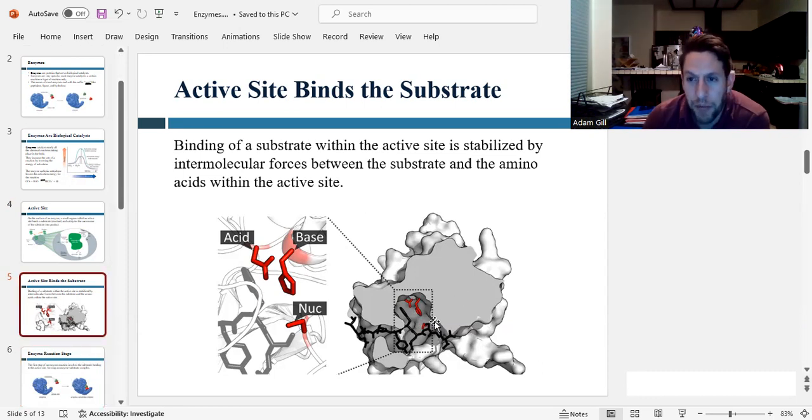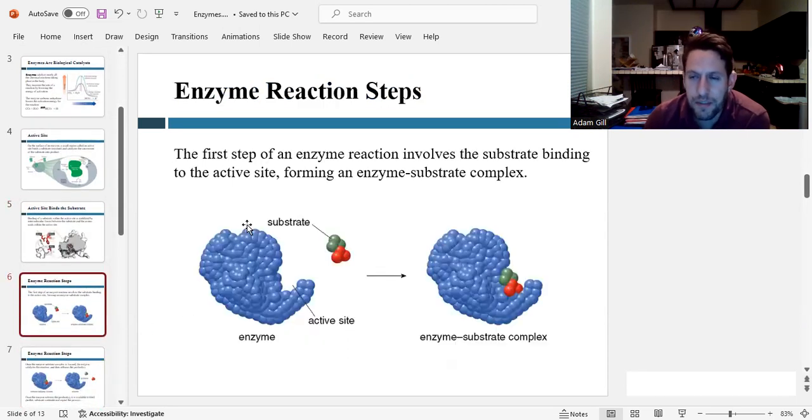So now that we've talked about binding of a substrate, let's talk about the steps of an enzymatic reaction. So the first step is you've got to bind the substrate, right? No reaction is going to happen unless the enzyme and the substrate get together. This binding forms what's called the enzyme substrate complex. So it's the enzyme plus the substrate together as a complex.